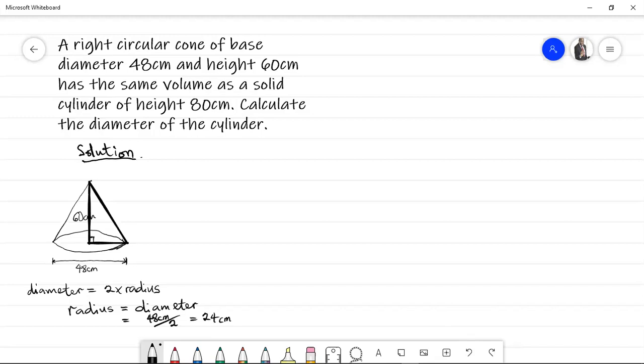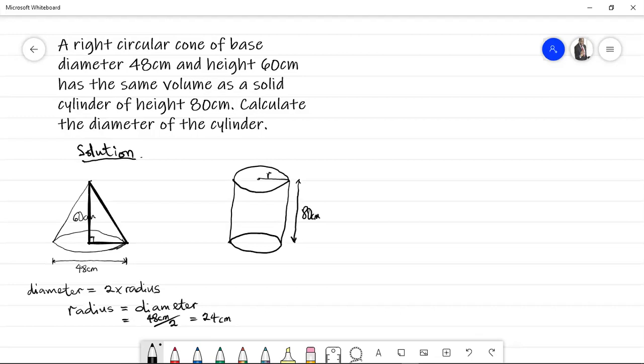Remember, we are actually comparing two solid shapes. The first one is a cone, and the second one is the cylinder. Remember, we're told in the question that they both have the same volume. The height of the cylinder was given as 80 centimeters, but they did not give us the radius.